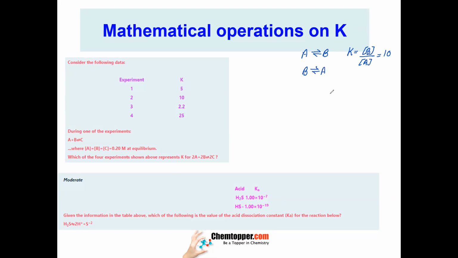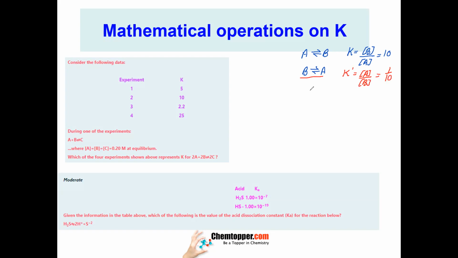Because these can be multiple choice questions, what is the value of K? For the reverse equation, the expression will be concentration of A over concentration of B. The value will be 1 over 10.